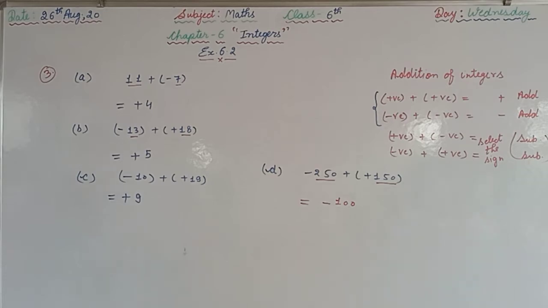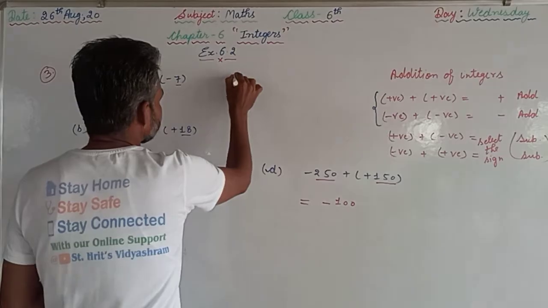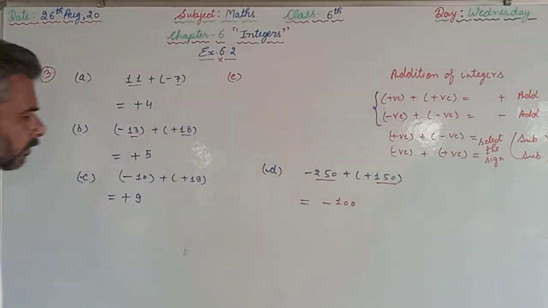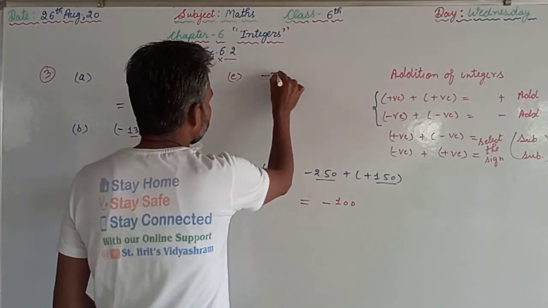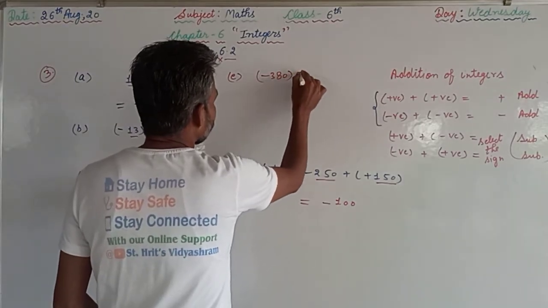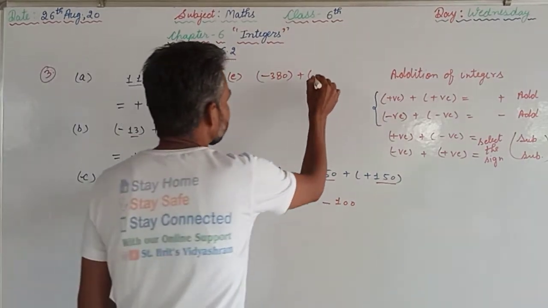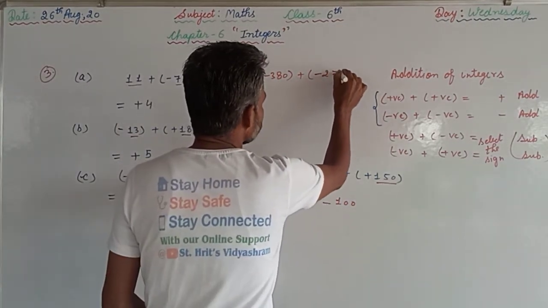Now we will take E, that E part is there. In E part, minus 380 plus minus 270.